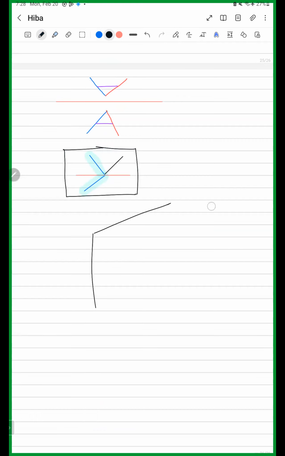What is a quadrilateral? Quadrilateral मैंने आपको पहले भी बताया था. Quad means four. Lateral means sides. Now tell. 4 sides.